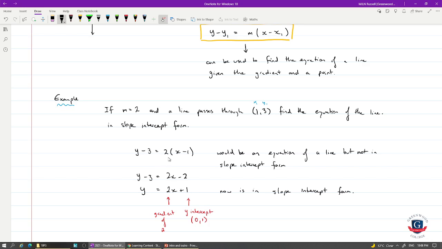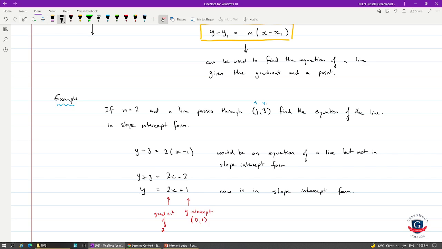Remembering to subtract in both cases because our general form tells us to do so. Over here I've put m as per our general case, and that's given us an equation. Now if we simplify that equation, multiply out this bracket, we get this. Add 3 to both sides, and lo and behold, we've got an equation in slope-intercept form.